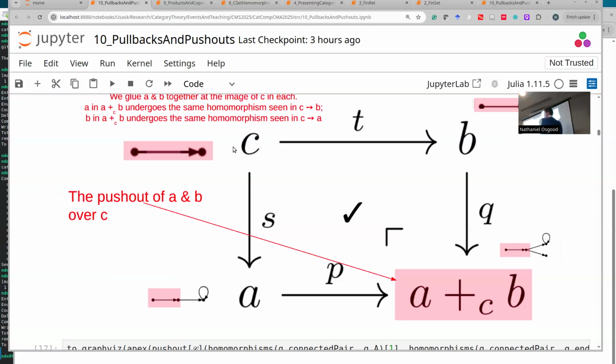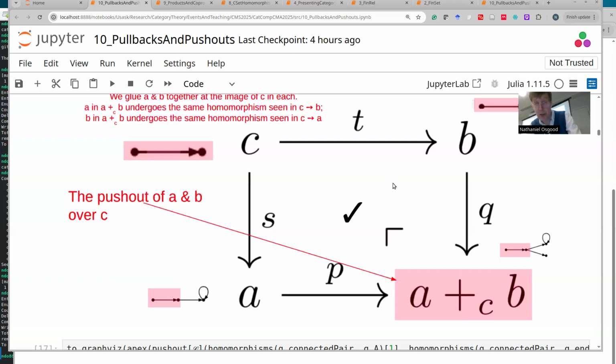So again, anything that's mapped to by the same structure in C, by this edge, is going to be identified in A and B. So this will be identified with that. The things in red will be identified with the things in red. So this one and this one will be considered the same when we put these two next to each other.